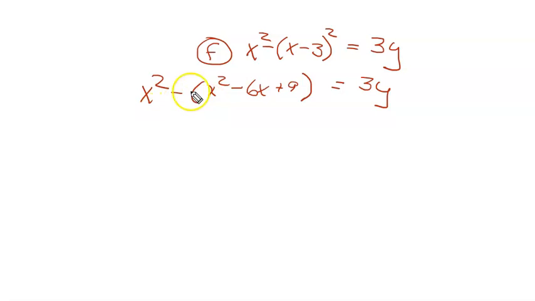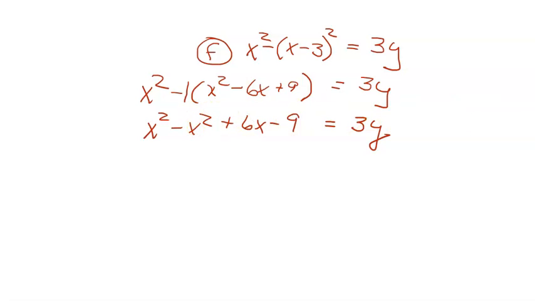Now we clear parentheses by just removing the parentheses, changing these signs, or multiplying through by a negative 1. x squared minus x squared plus 6x minus 9 equals 3y.